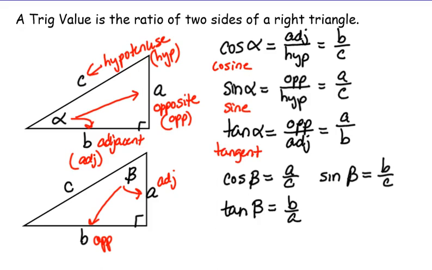Now there was a little acronym that helped us to remember these ratios, and it comes from the first letter: cosine, adjacent, hypotenuse; sine, opposite, hypotenuse; tangent, opposite over adjacent. And I should have started out with sine because we use sine first. SOH, CAH, TOA.